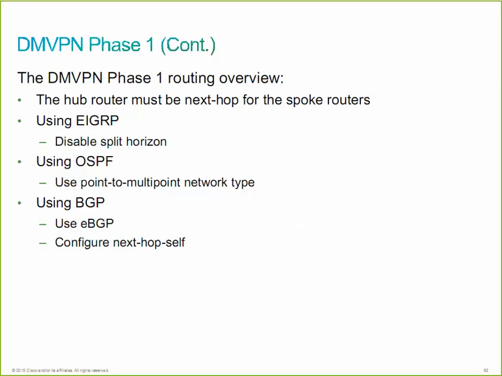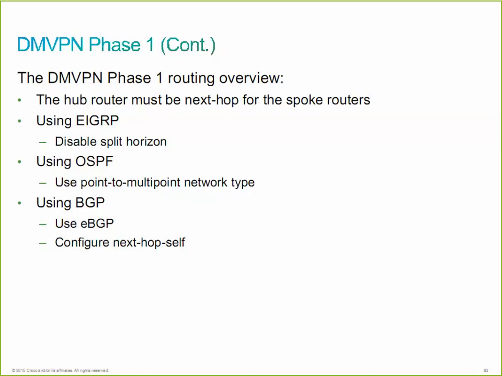That means that the next hop IP address for destination prefixes that exist on the spokes has to be the hub router. All right? So really, what do I have to configure on the spoke routers to get to every network destination in the DMVPN environment? I'll give you a hint. It's a default route, right? That's all I need, all right?